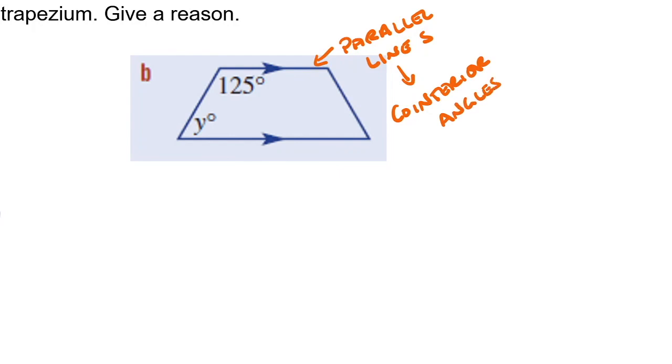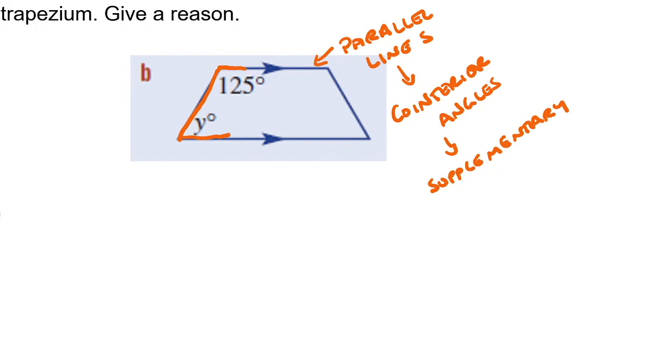Okay, so now that we have co-interior angles, we know that these puppies here are the co-interior angles. And we know that they have to add up to 180 degrees. They have to be supplementary.